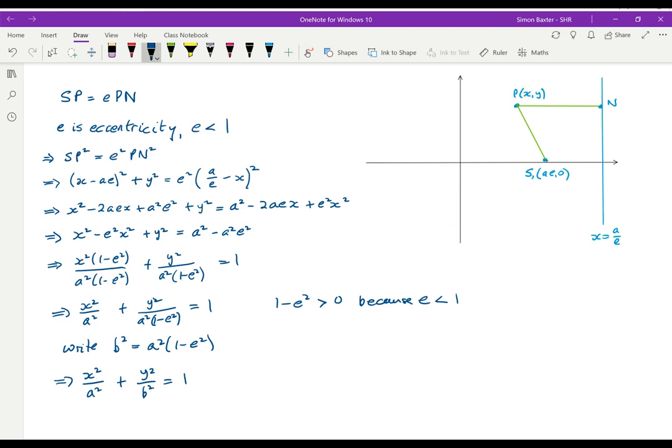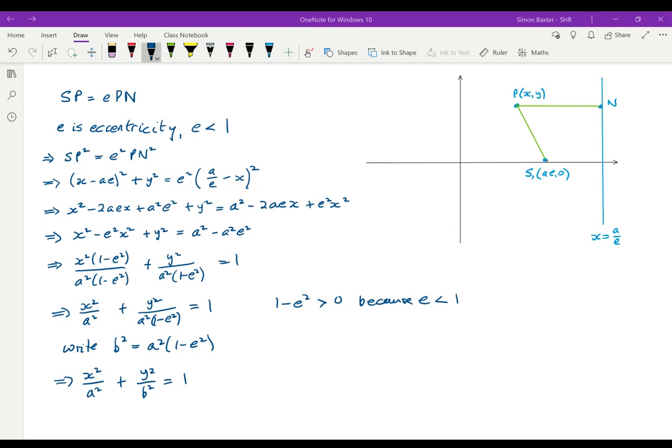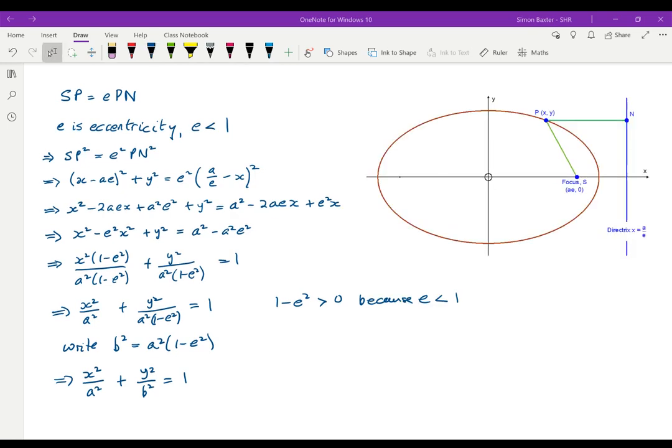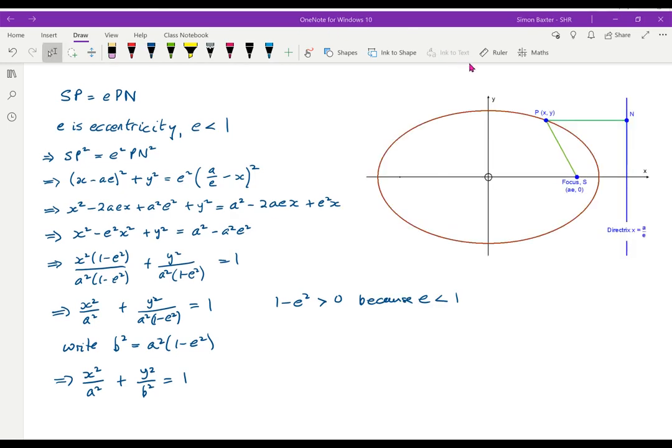And so we've shown that this condition here, SP is e times PN, where e is less than 1, will mean that P moves in an ellipse. And here is a picture showing P on the ellipse with the previous lengths and points.